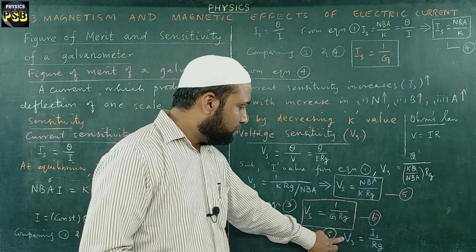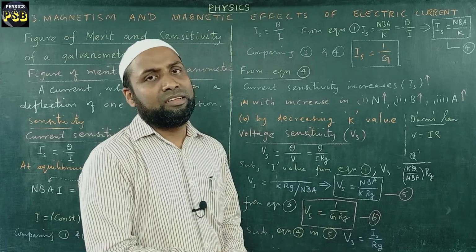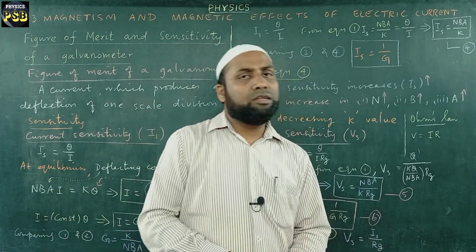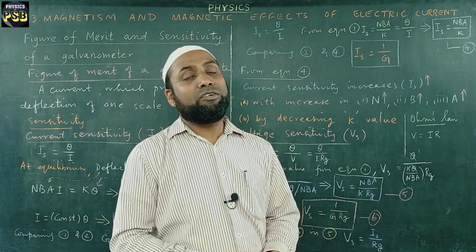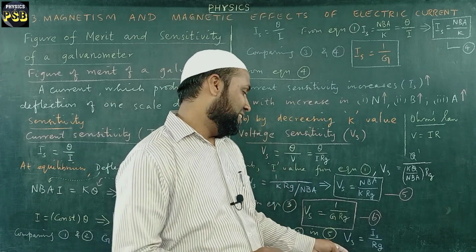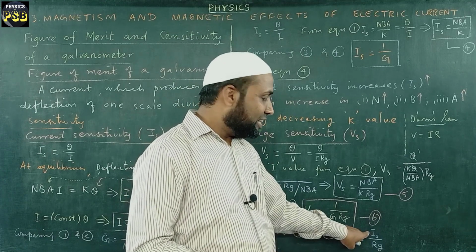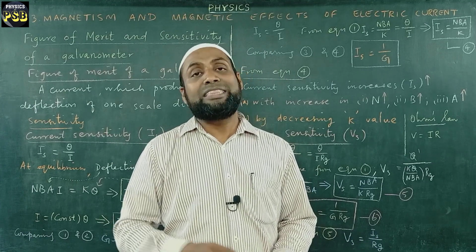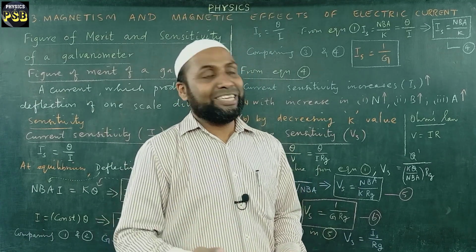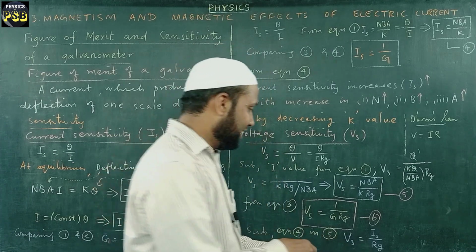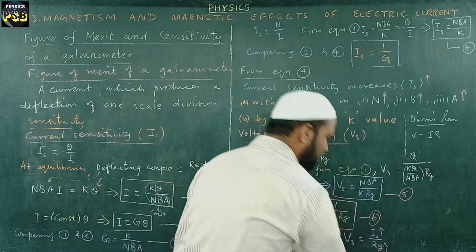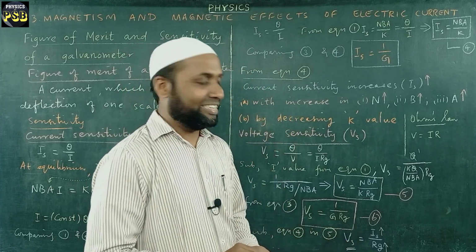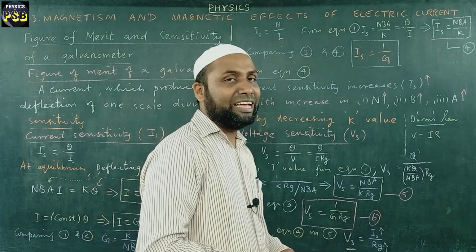So that keeps the voltage sensitivity constant. So the increase of current sensitivity does not increase the voltage sensitivity, because when you increase the current sensitivity, the resistance offered by the galvanometer to the flow of current also increases. So it remains constant. This is what we understand from the final expression.